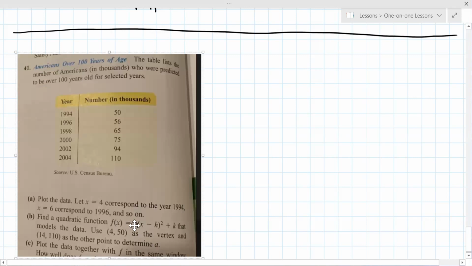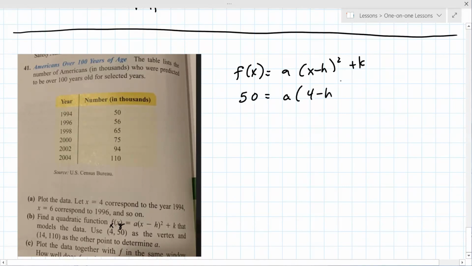So the quadratic function f of x is, they're telling you, a times (x minus h) squared plus k, and they tell you the two points that they want you to use. They tell you to use this as x and this as y, and the y is really f of x. So they're saying use 50 for f of x, a times (x minus h) squared.